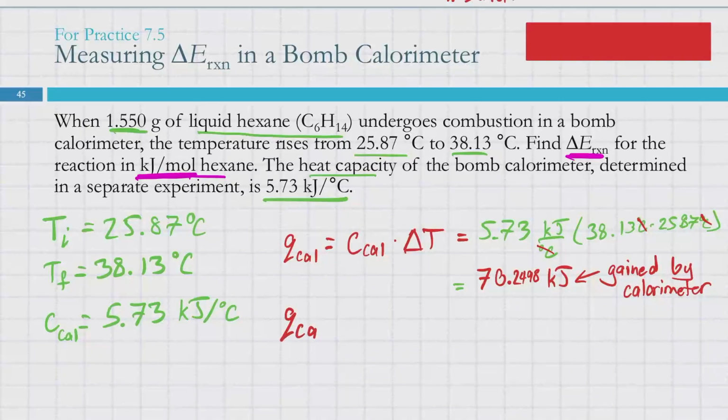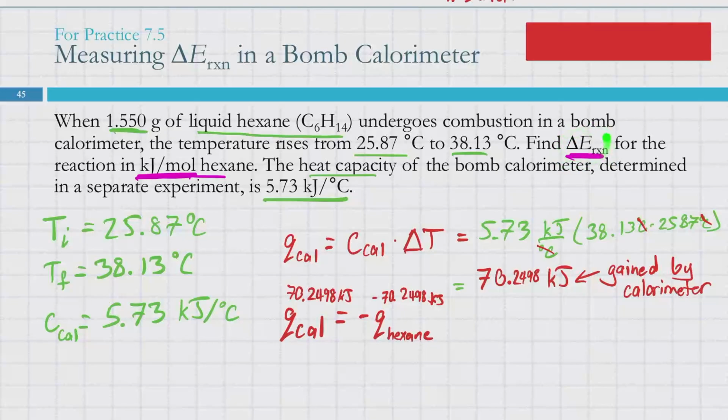So Q cal, that's the 70.2498 kilojoules, is equal to the opposite of the Q of hexane. So that's negative 70.2498 kilojoules, because our hexane lost the heat, so it's a negative value. Our calorimeter gained the heat, which is a positive value.